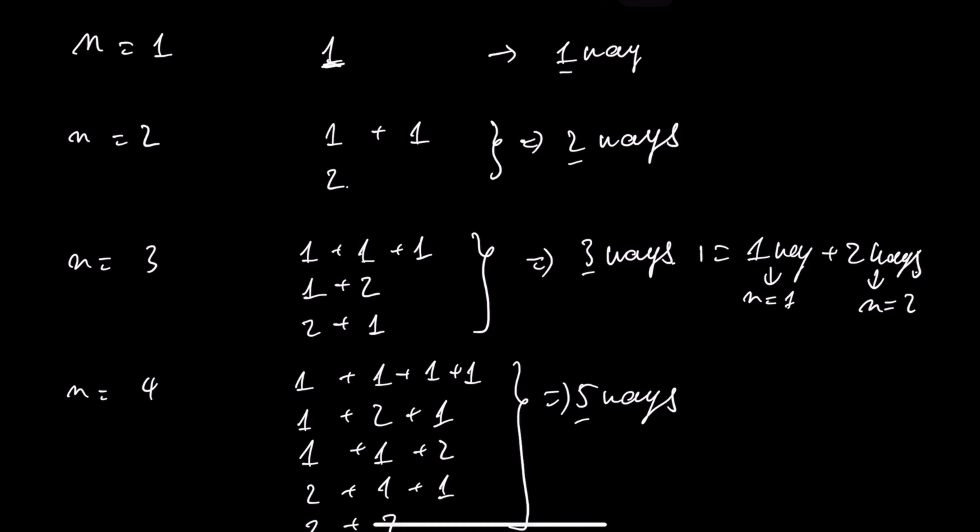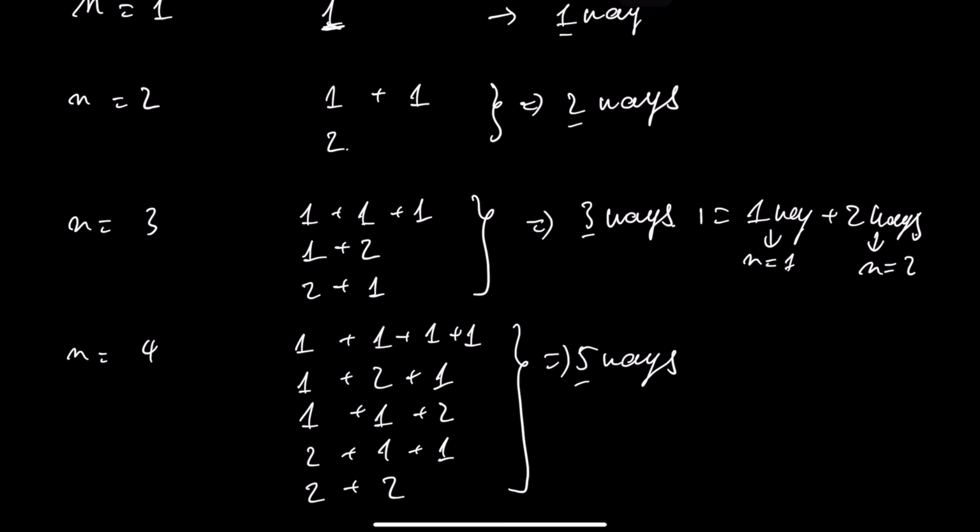We can check if this also works for n equal to 4, which has 5 ways. That is equal to 2 ways plus 3 ways, where the 2 ways is n equal to 2 and the 3 ways is n equal to 3.